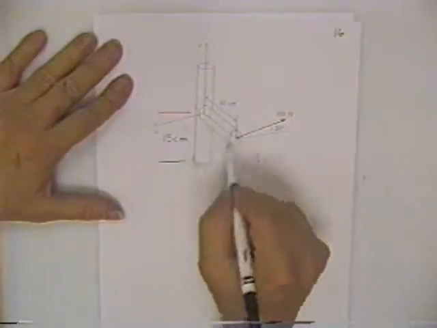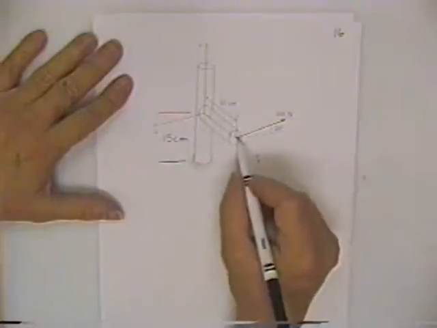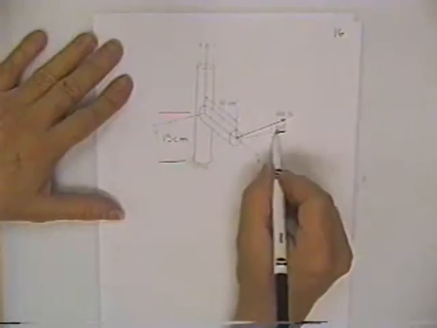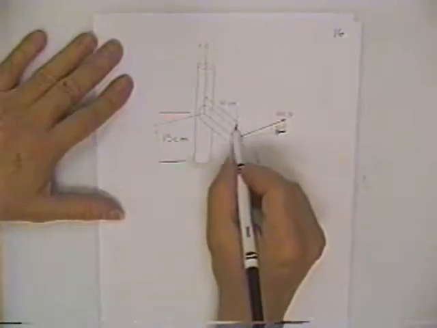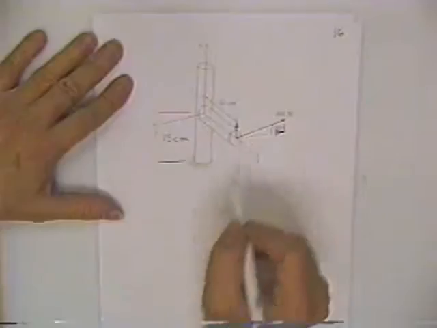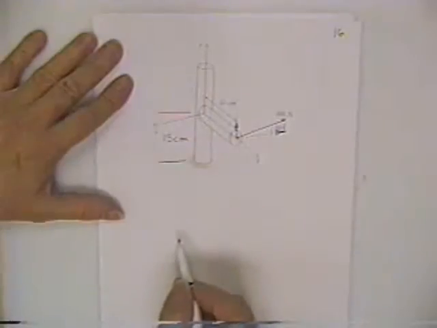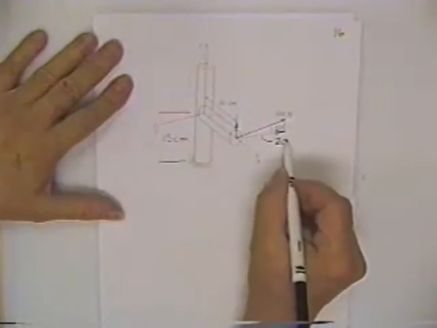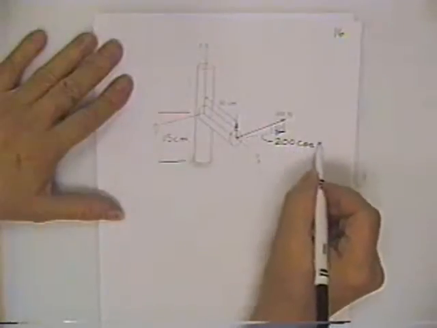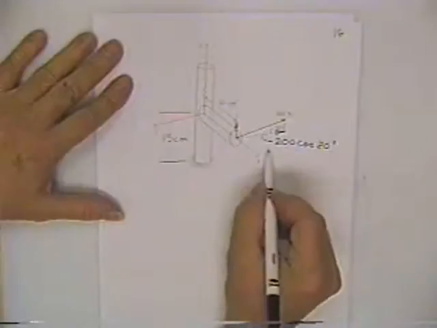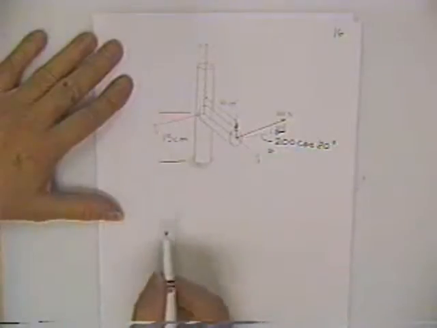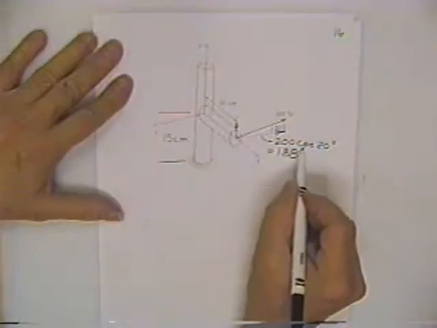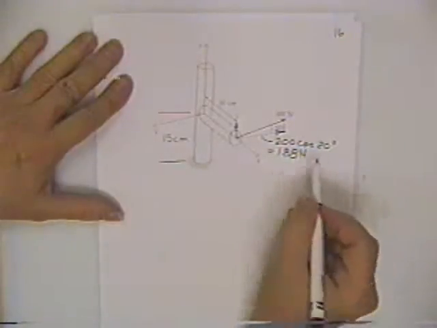Before you can find any moments inside of this thing, without a doubt it's going to be to your advantage to find out the vertical and horizontal components of this 200 Newton force. The horizontal component would be 200 cosine of 20 degrees, also equal to 187.9, 188 newtons.